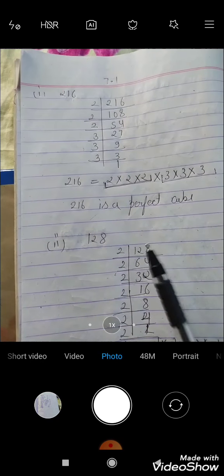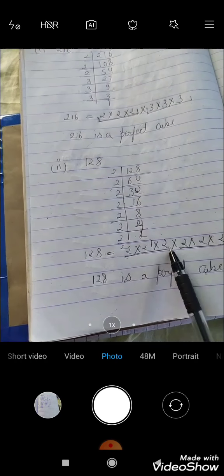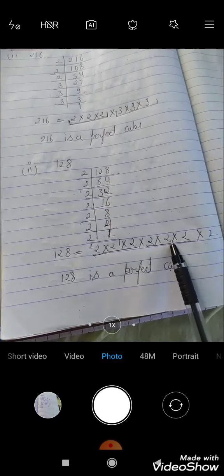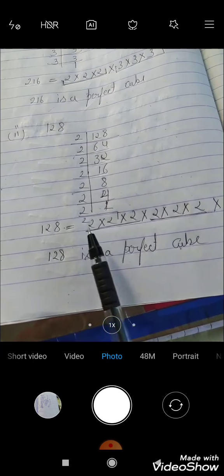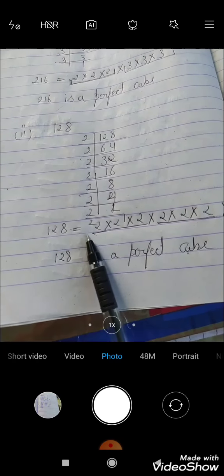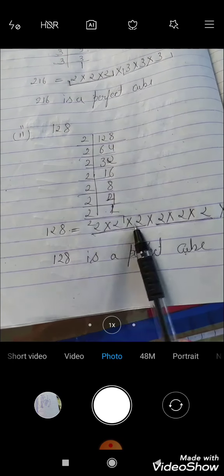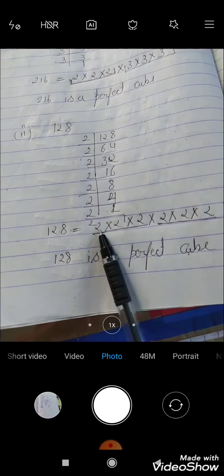Now take the second part of this question, and the second part is 128. First we are going to factorize this number, and the factorization of 128 is 2 multiply by 2 multiply by 2 multiply by 2 multiply by 2 multiply by 2 multiply by 2, 7 times. The second step is that we make groups of this factorization taking 3 similar numbers at a time. So the first group is 2 multiply by 2 multiply by 2.